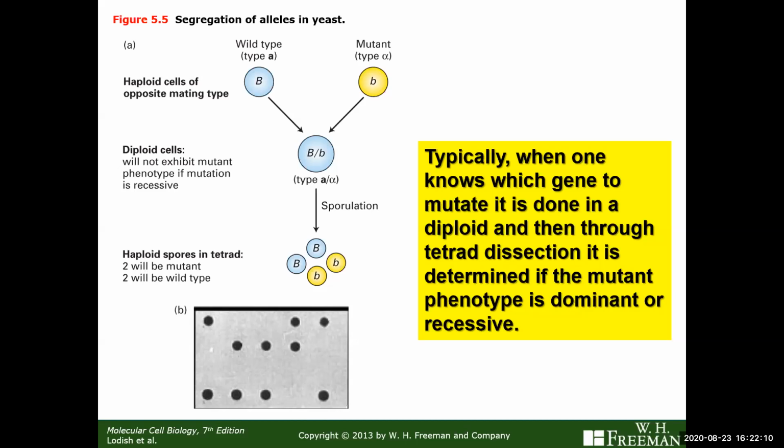Therefore, even though you have caused mutation in an important gene, you will not be able to see that the mutation has happened because there will be no phenotype.